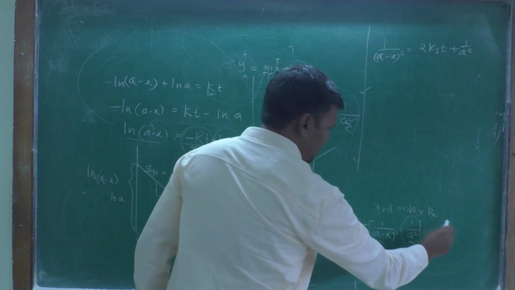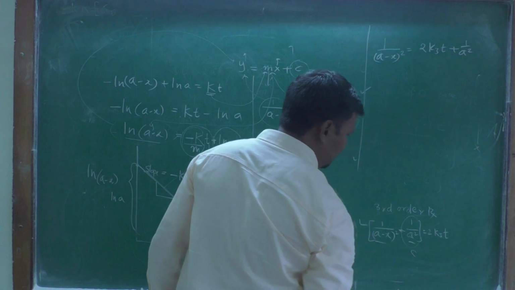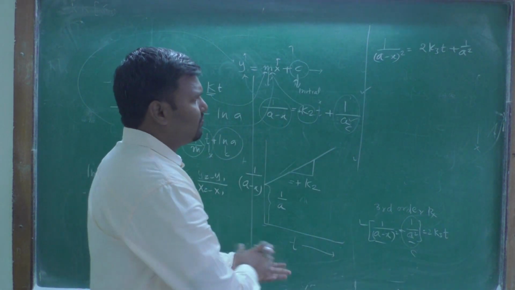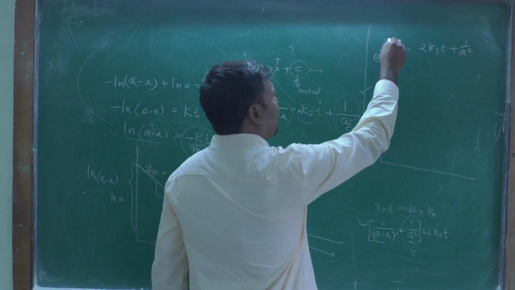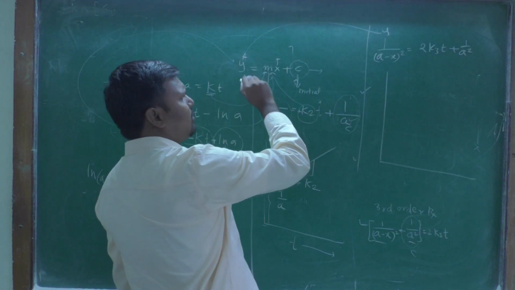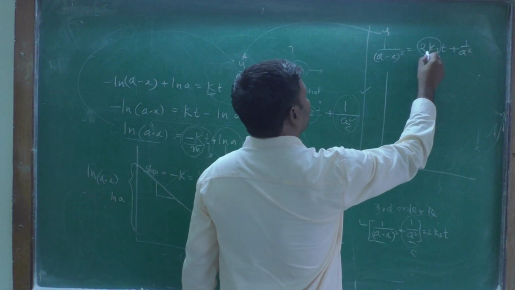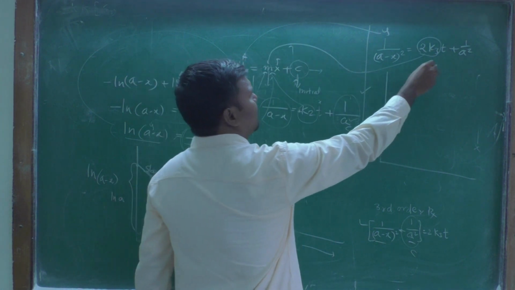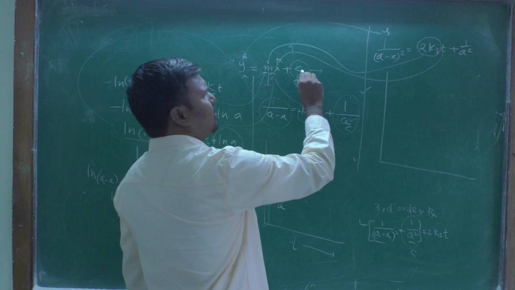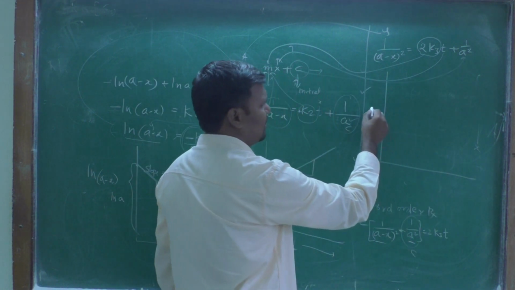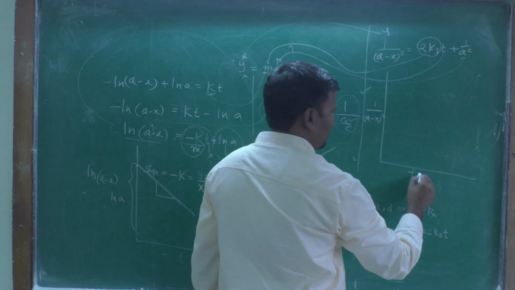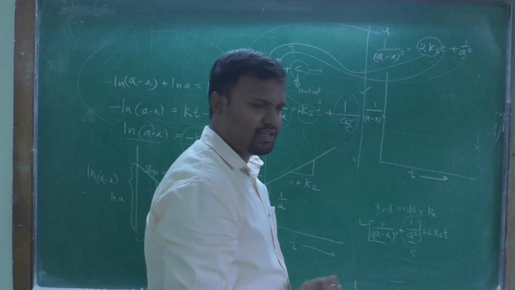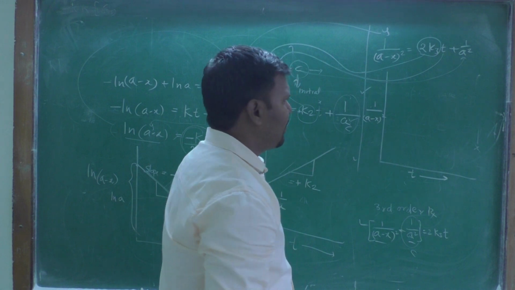We transfer the negative sign to this side, and positive will be obtained. Then we have to draw the graph. This is the Y quantity; compared with the line equation, this is your slope, T is your X, and your intercept will be 1 upon A square.